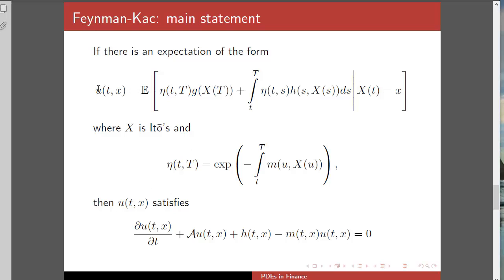Then this U satisfies this PDE. Okay, so this is the PDE that is provided by Feynman-Kac. And the great thing about this more general form of this expectation is that really many problems can be formulated this way in finance. It seems to be quite complicated. It's not, and really it's quite flexible, this general form. I will illustrate it shortly.